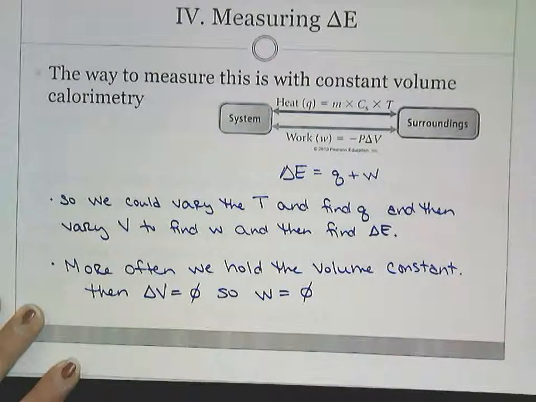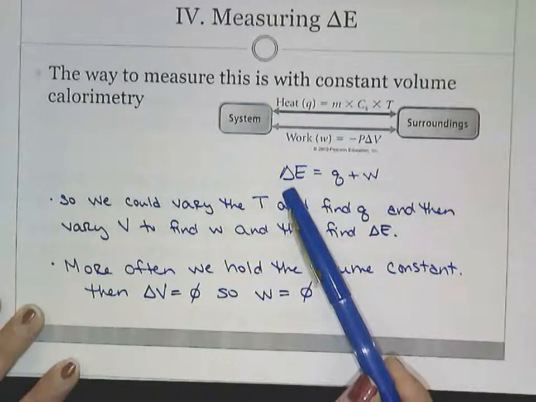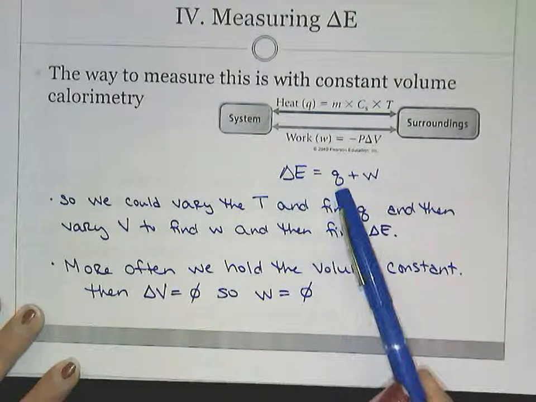So if W equals 0, what is delta E equal to? Q, just heat.